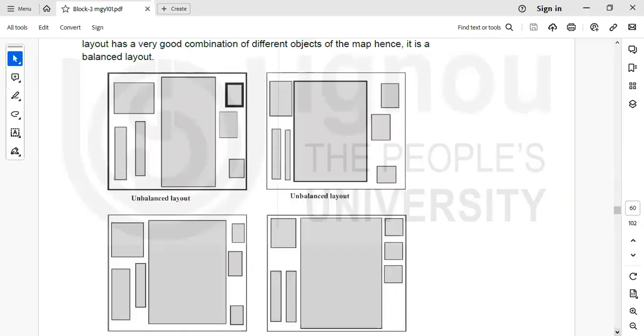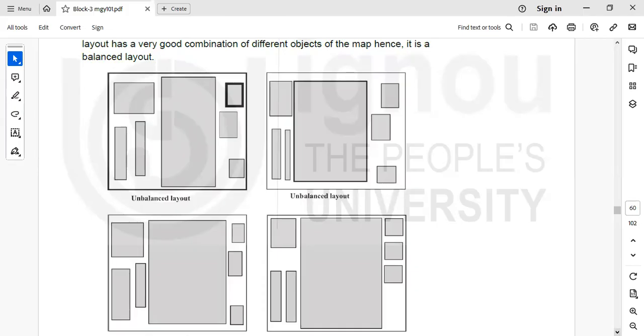So here, if we want to represent some themes in a map, it is very important to select a balanced layout for representing the themes in a map.